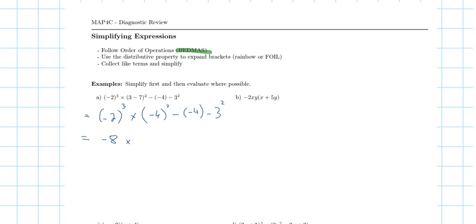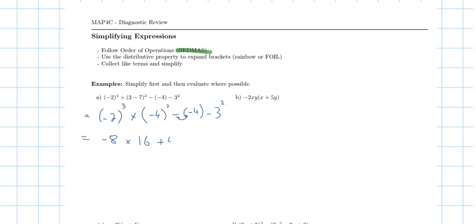Positive 16. It's positive because a negative times a negative gives you a positive. I can, if I want, simplify the next one as well. It's not an exponent, but because it has a negative and a negative right after each other, I can simplify this. What would that give me? A positive 4. So +4.